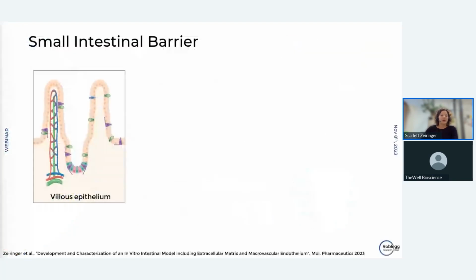I want to start with the physiology of the intestines. The intestine is the largest and most multifaceted organ in the human body and functions as the main site for drug and nutrient absorption. The small intestine consists of 4 layers and can be divided into 3 parts, namely the duodenum, the jejunum, and the ileum.